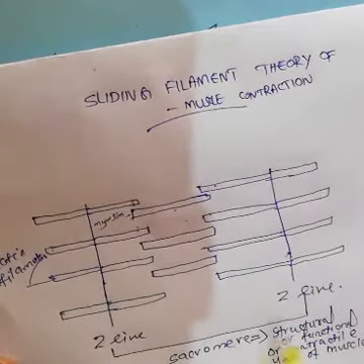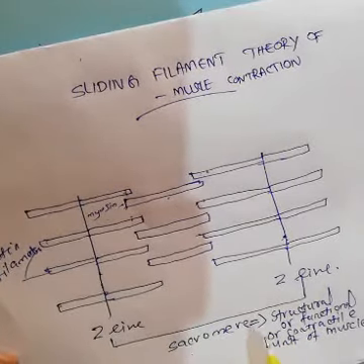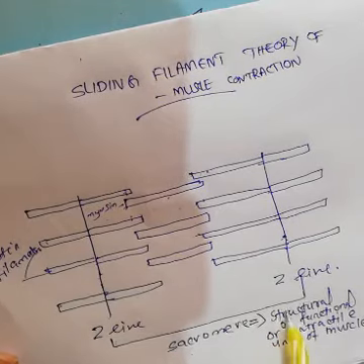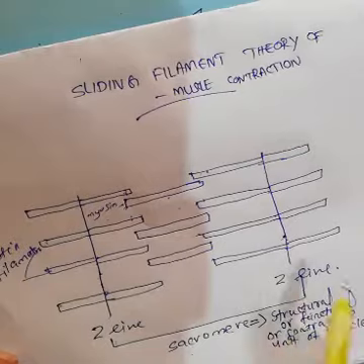The distance between two Z lines is called a sarcomere, and this sarcomere is the structural or functional or contractile unit of muscle.